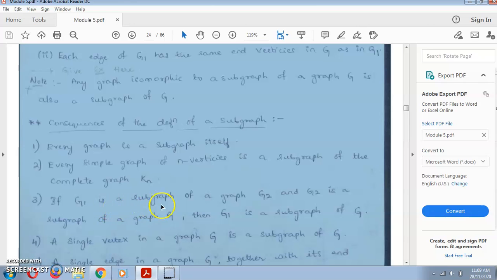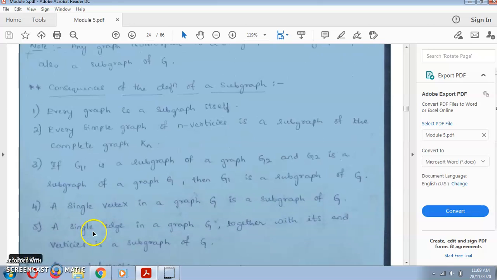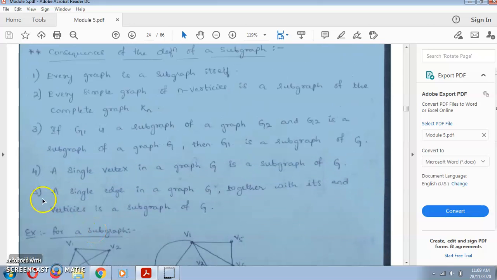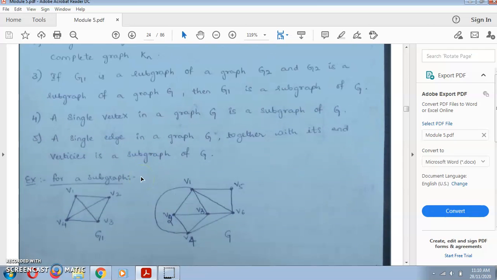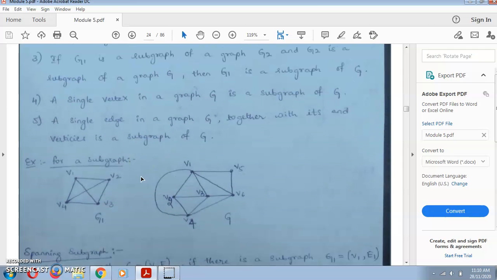If G1 is a subgraph of a graph G2 and G2 is a subgraph of a graph G, then G1 is a subgraph of G. So these are some of the consequences which need to be remembered. A single vertex in a graph G is a subgraph of G. These are some of the consequences which need to be remembered when you are learning the concept of a graph.